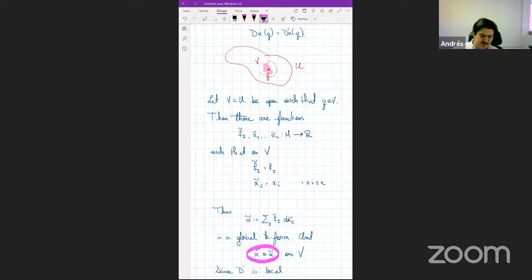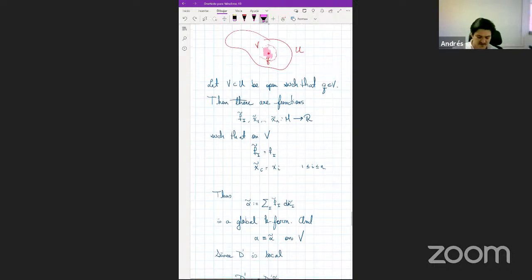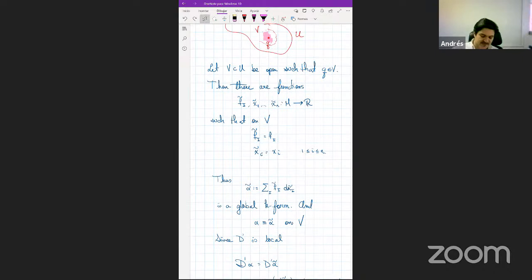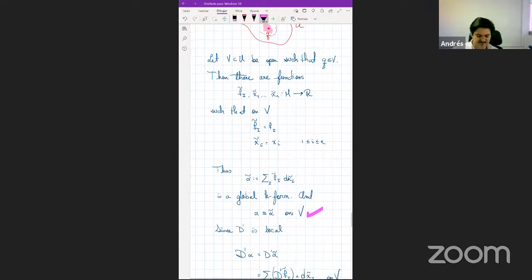Right? Now, remember that d is an exterior derivative, and what we just proved, it is local. Any exterior derivative is local. So, if this holds on V, well, sorry, I'm still not using, yes, so here I'm using that it is local.